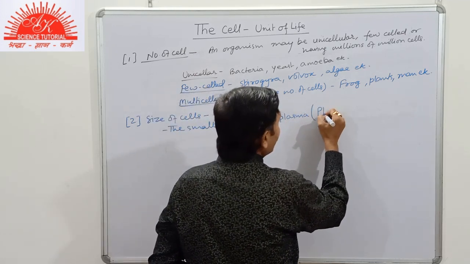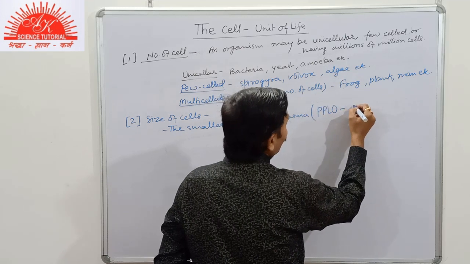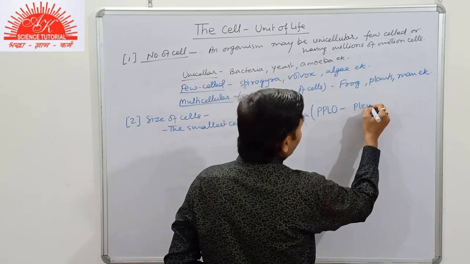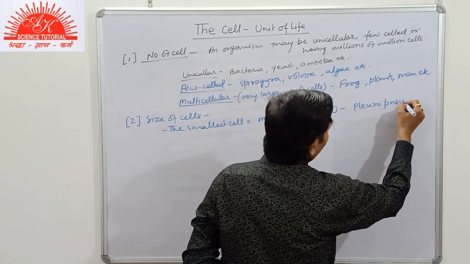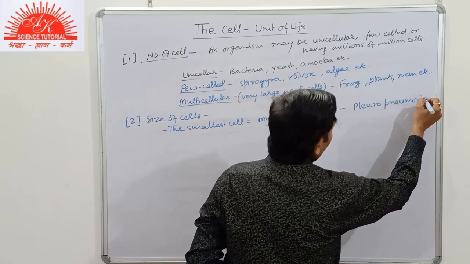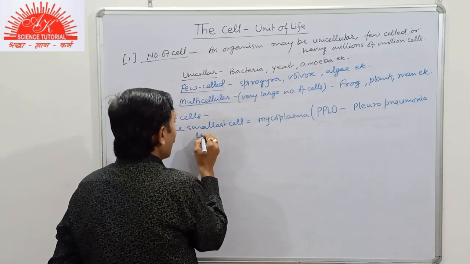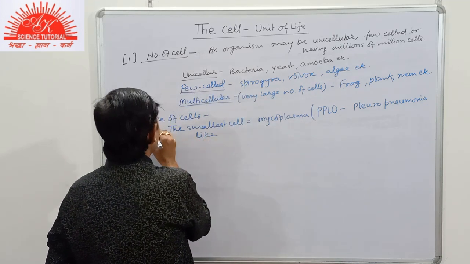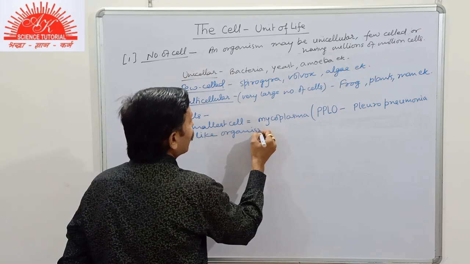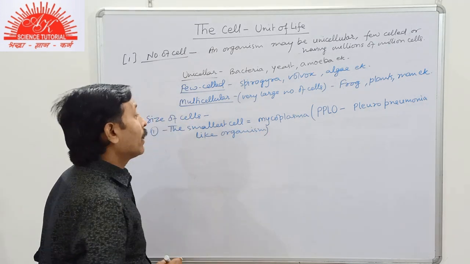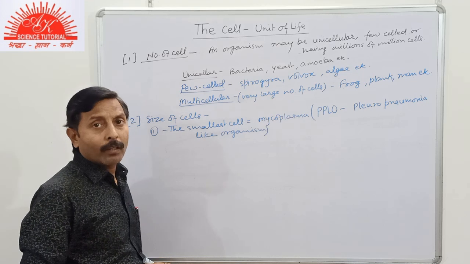That is, it is PPLO in full form. It is pleuro pneumonia like organism. This is the smallest cell.